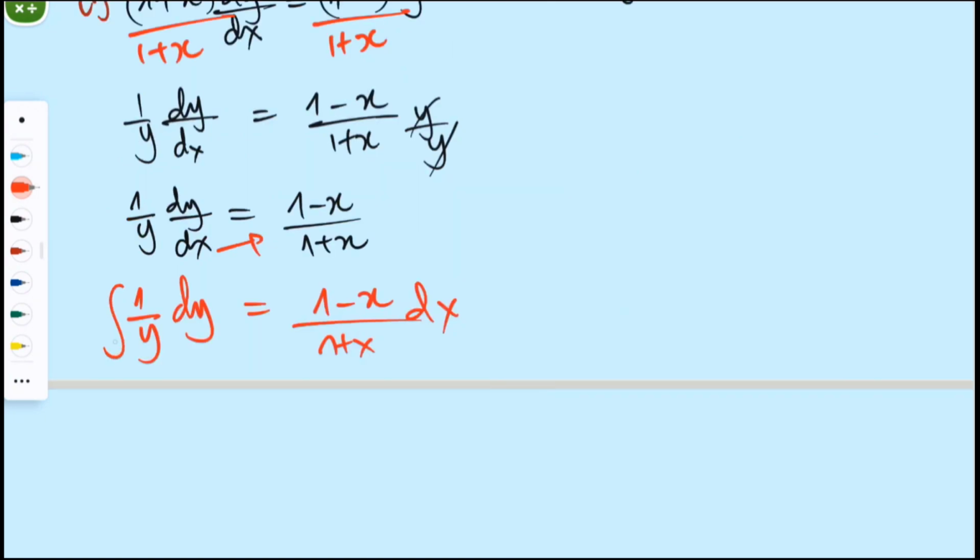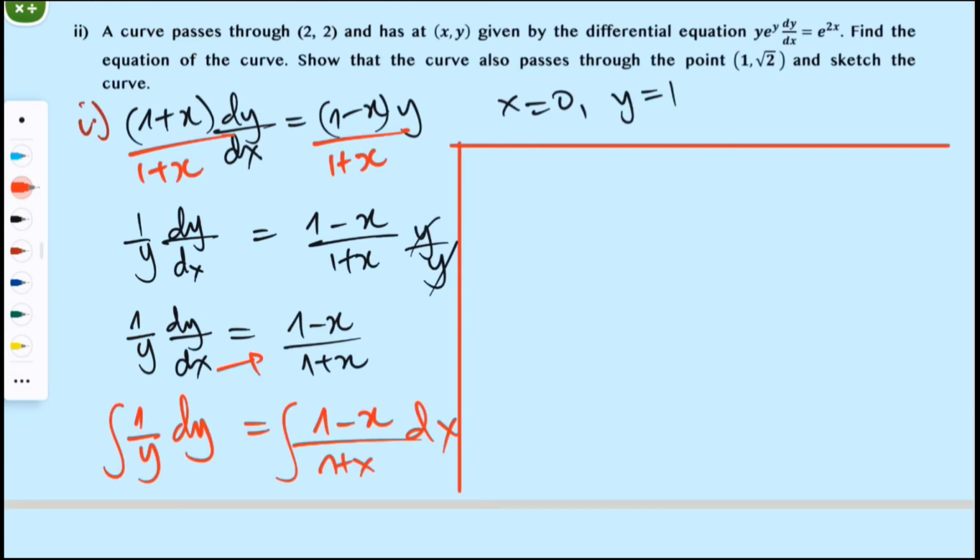So now we are going to integrate each of these sides. The integral of 1 over y is going to be natural log of y. They haven't given us any interval, so it's an indefinite integral, so this will be plus c.